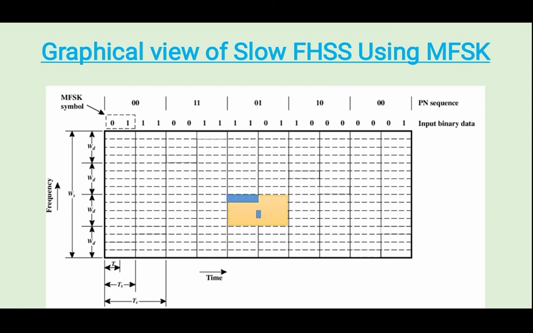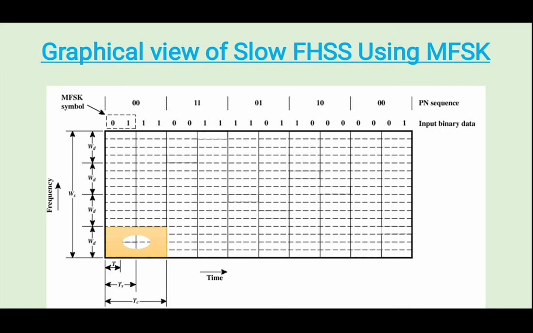As the name says, it is slow frequency hopping, so data is hopping within the same frequency slot. You can observe the same thing in the next frequency slot 10. The data is 10 and 00, all shuffling in the same frequency slot. In the same way, at frequency slot 00, the data is 00 and 01. Even though the data are different, they vary within the same frequency slot 00.